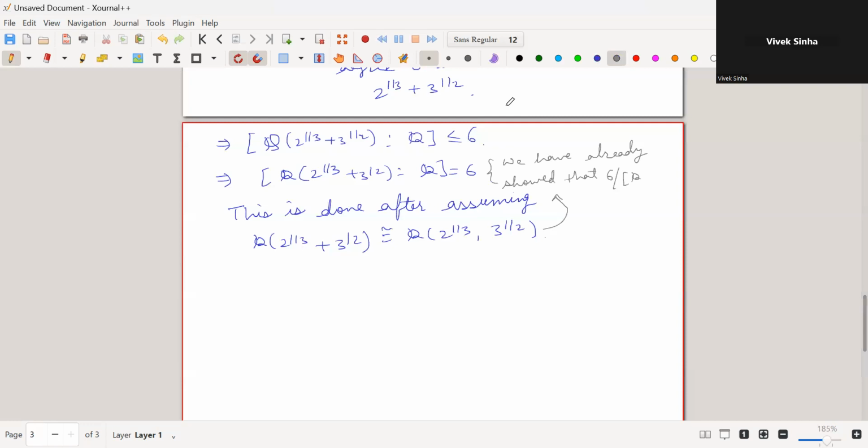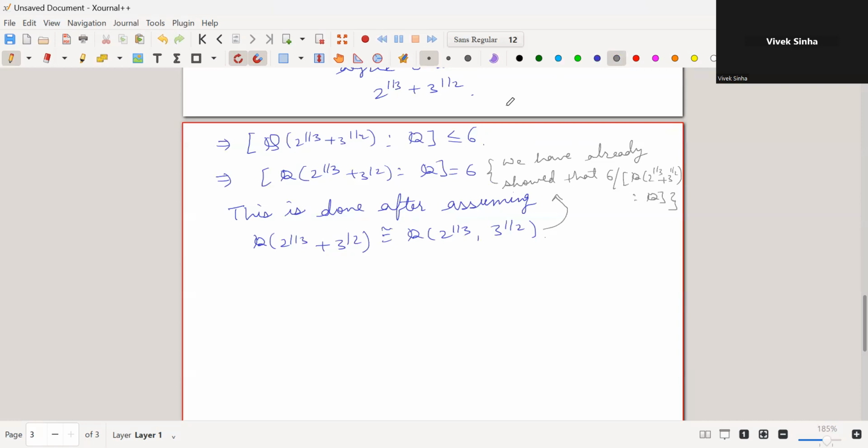So if it is less than or equal to 6 and 6 is dividing the degree, then what can the possibility be? It has to be 6 only. So that's the only possibility. This is done once you assume this.